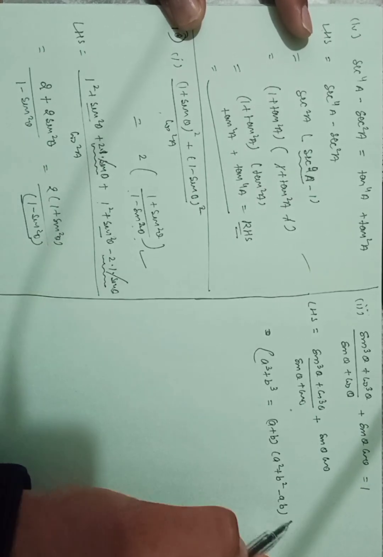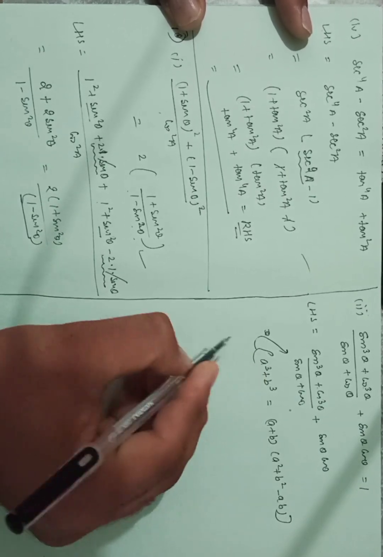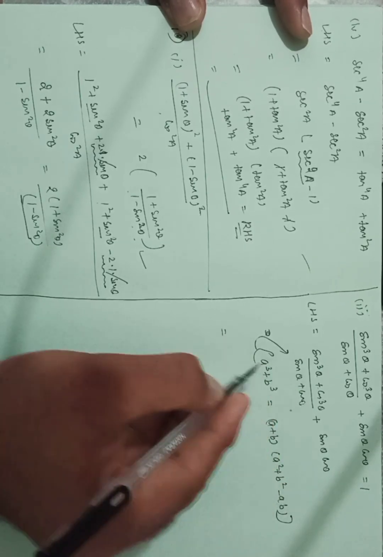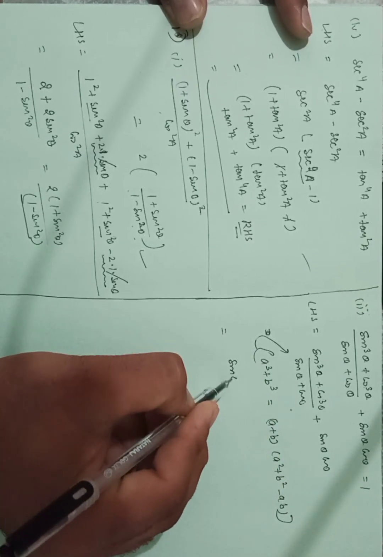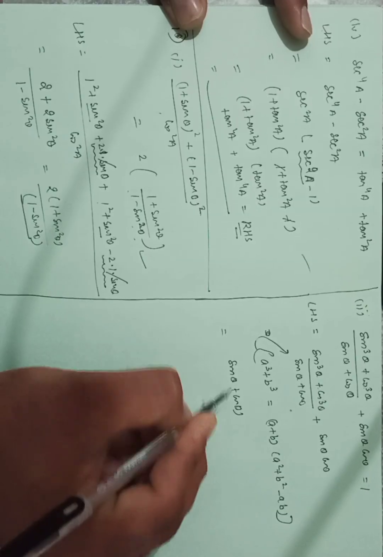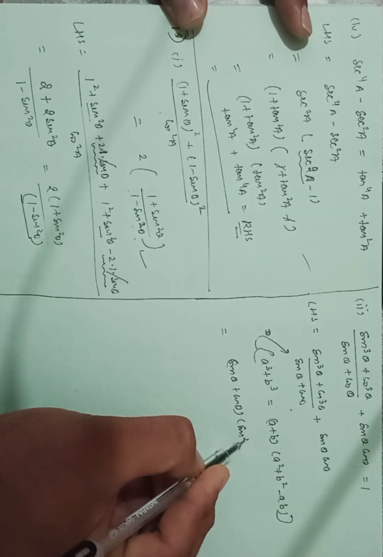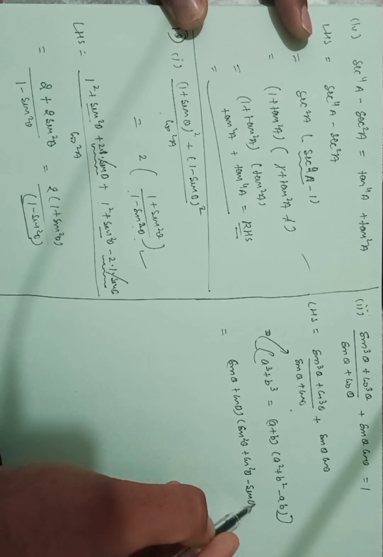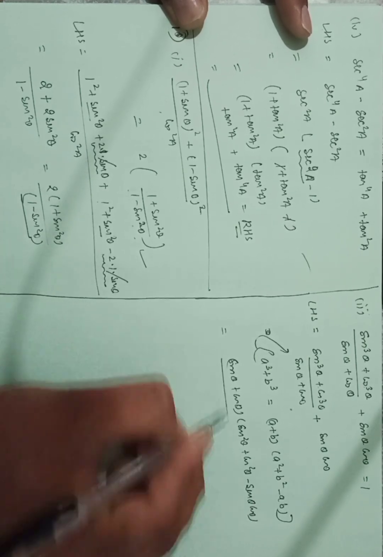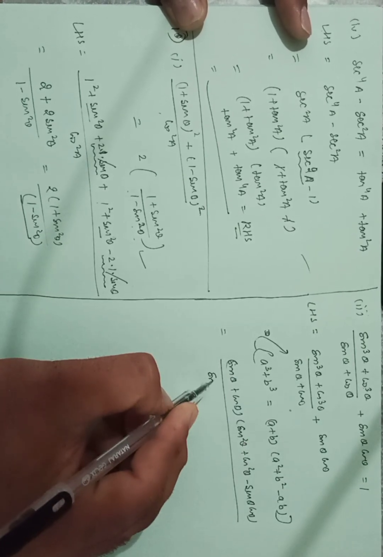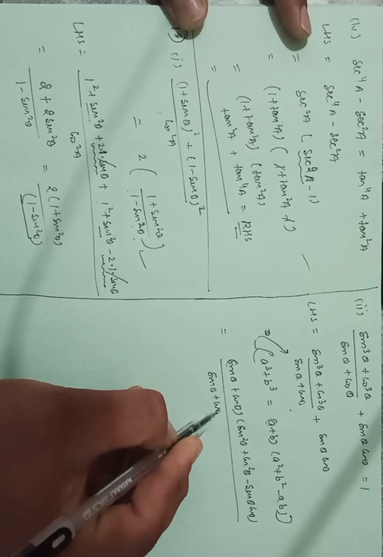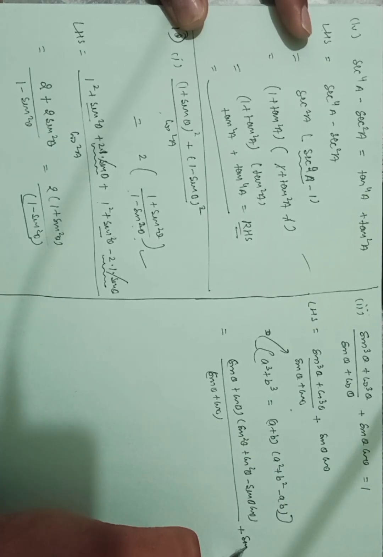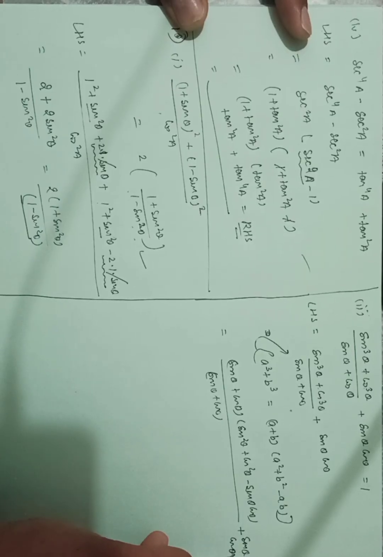So I'll use this identity in this one. Instead of a I have sin, instead of b I have cos, so it will become a plus b, a square plus b square minus ab, divided by sin theta plus cos theta, and later we have sin theta multiplied by cos theta.